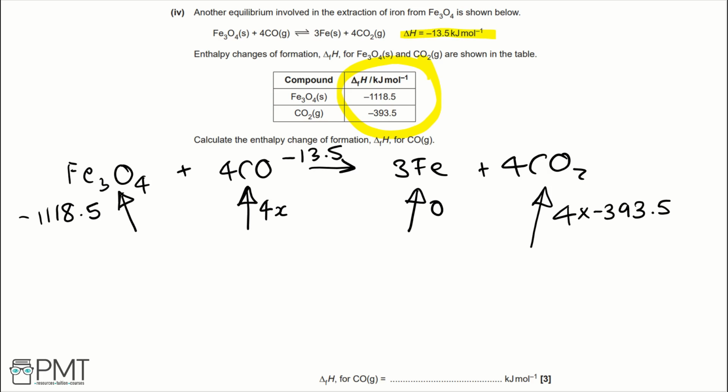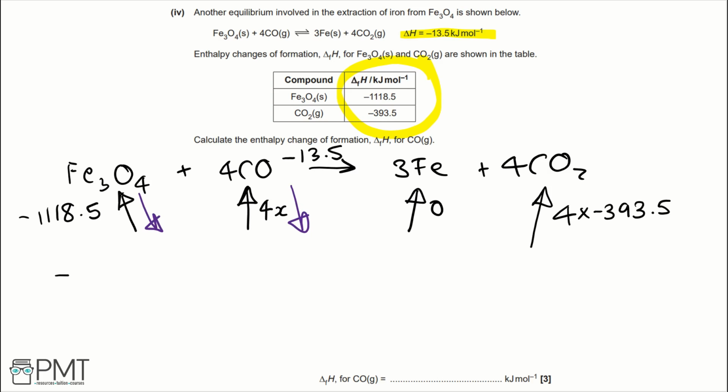The way a Hess's triangle works is you want to go round from the products to the reactants. This is not the simplest way. The simplest way is this arrow here, but we need to work out the enthalpy change of formation, so we do that by working from reactants to products. So we want the arrow to go this way, and we do this.